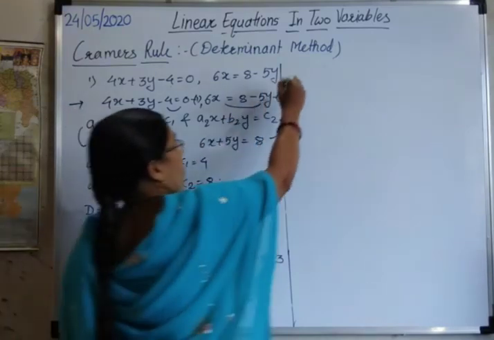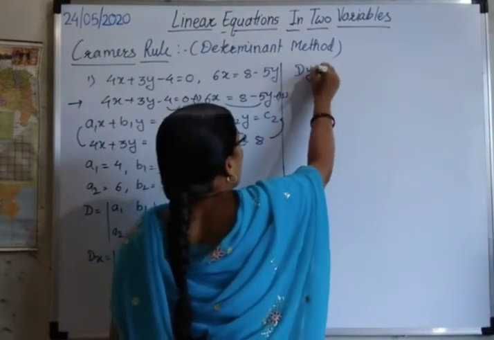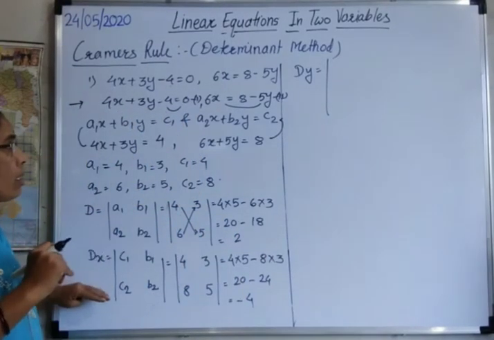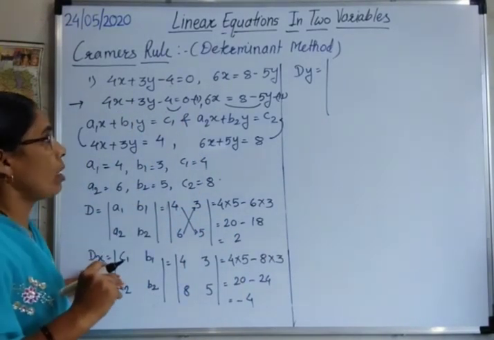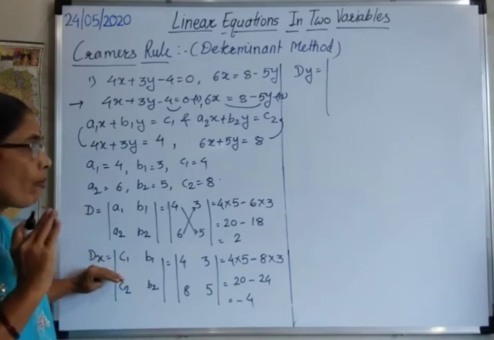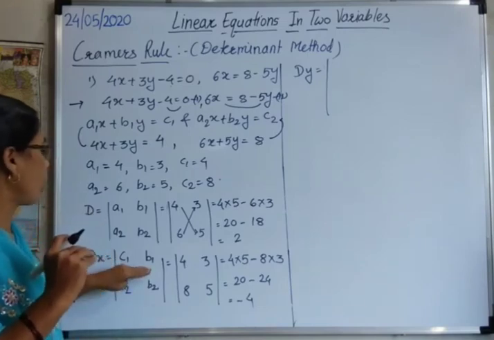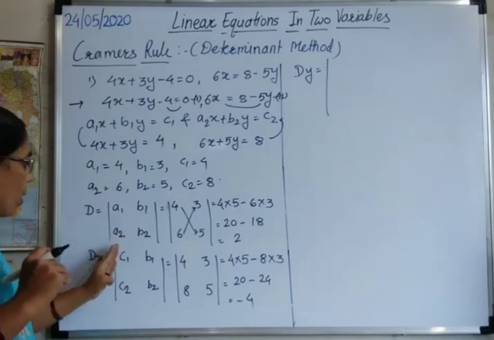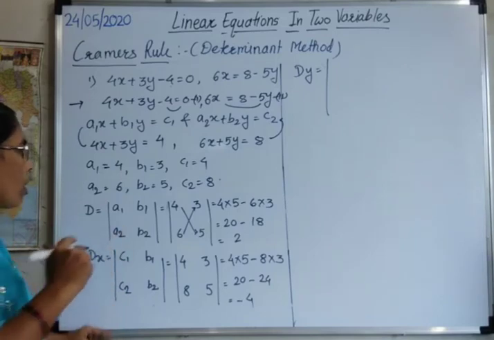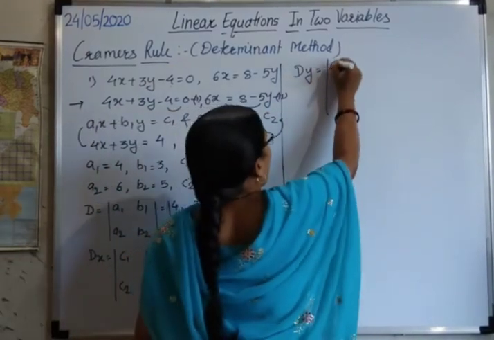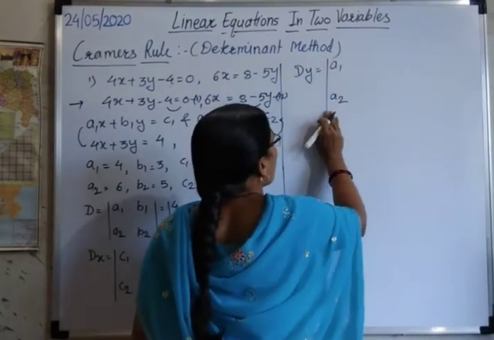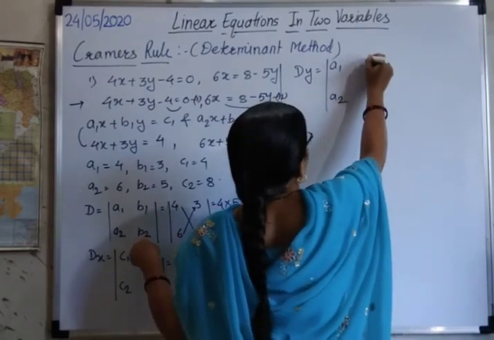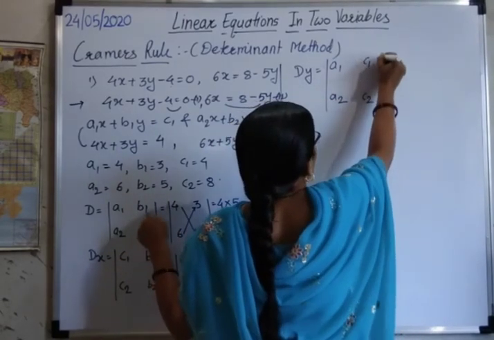Now we have to find the value of Dy. When we are writing this determinant, we cannot write the coefficients of the y term. In place of that, we take c1 and c2. So the coefficients of the x term, that is a1 and a2, will come as they are, and instead of the coefficients of the y term, b1, b2, here it will come c1, c2.